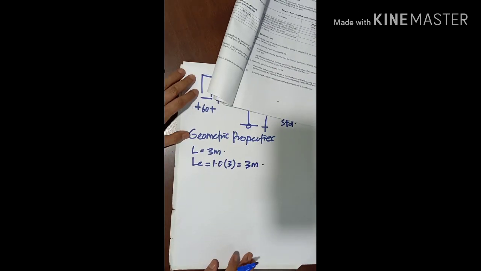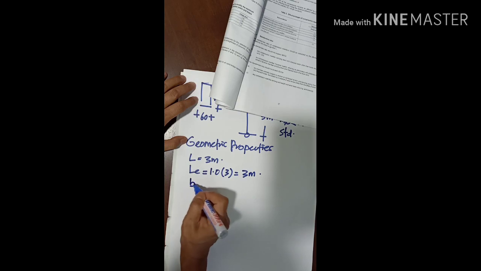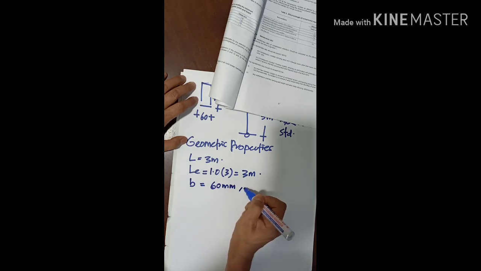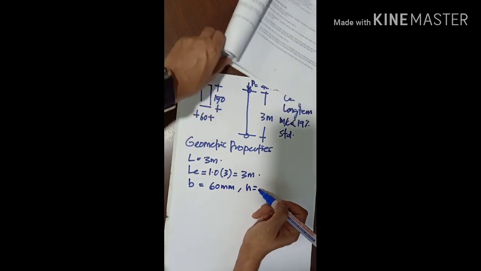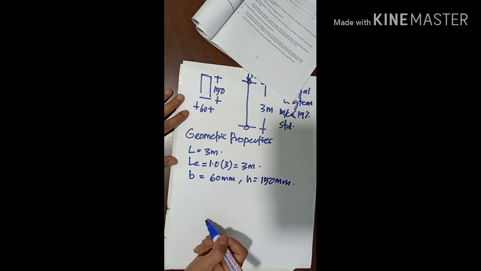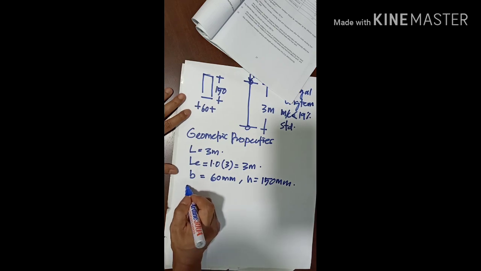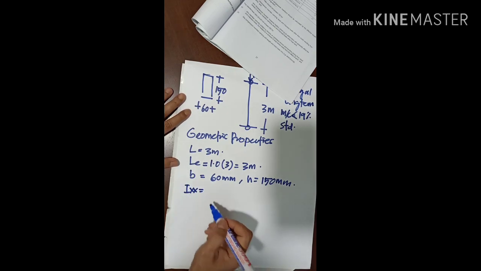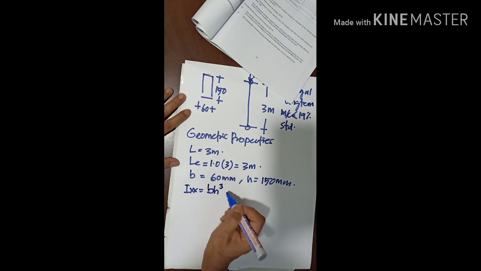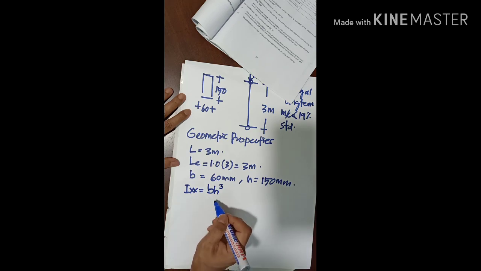Okay, and then the B of the beam is 60 mm. The H of the beam is 150 mm. Next, we have to identify the Ixx, the second moment of inertia, using the equation BH to the power of 3 divided by 12.